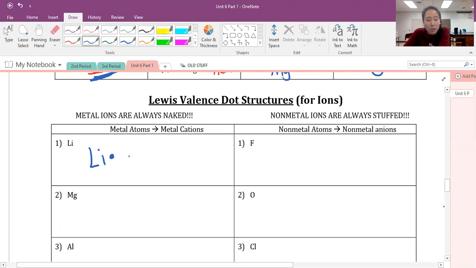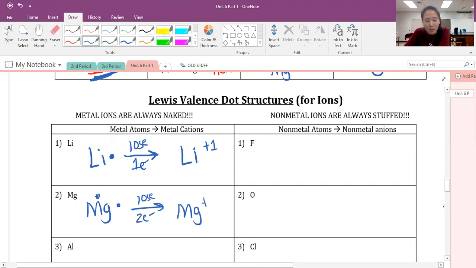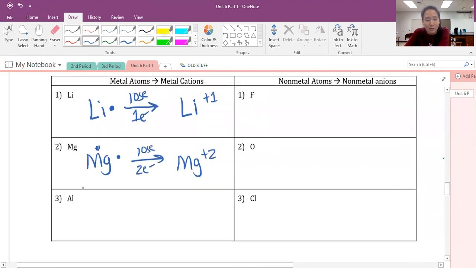In order to become stable and have that full octet, it's gonna lose 1 electron. So it loses that, which is why lithium becomes this, right? Magnesium has 2 originally, so it loses those 2, and it becomes magnesium positive 2. It has 2 extra protons.